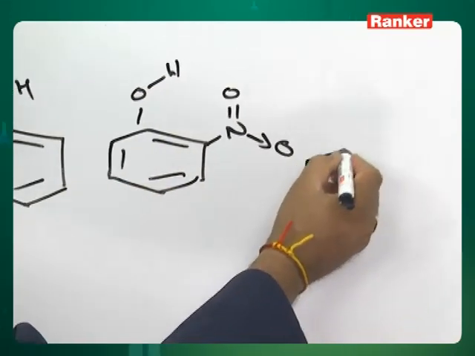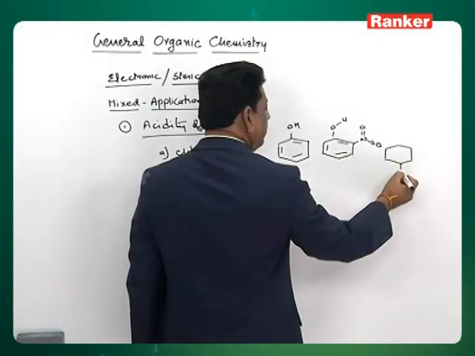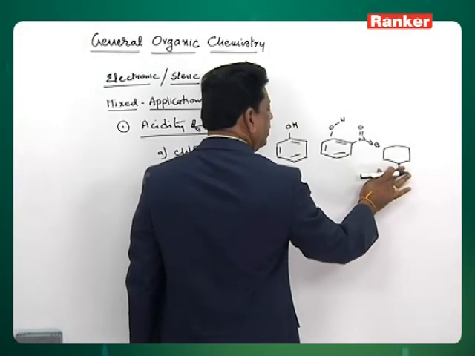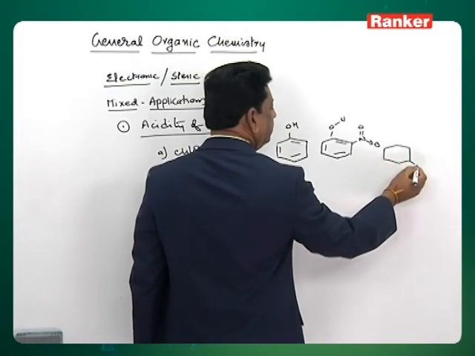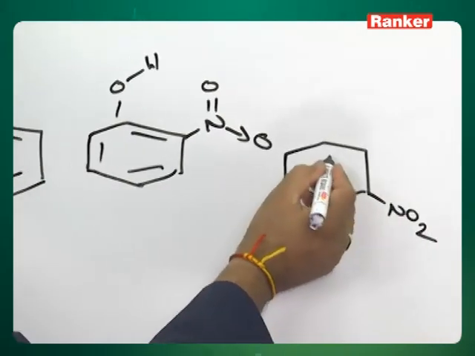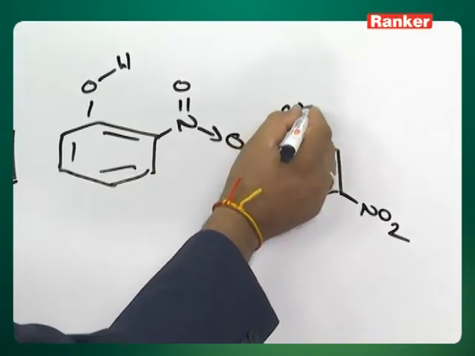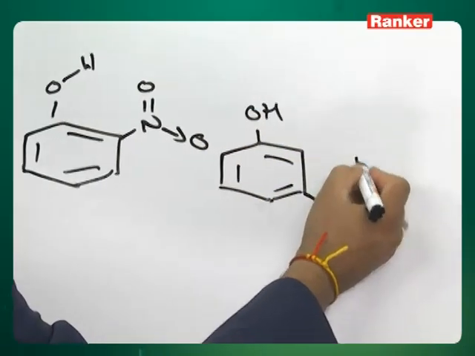Then we have a meta nitro phenol, that is the third one. Then let us have a para nitro phenol.